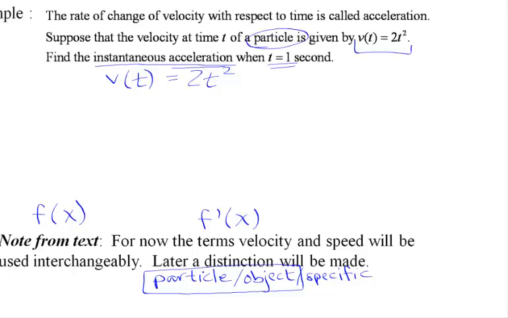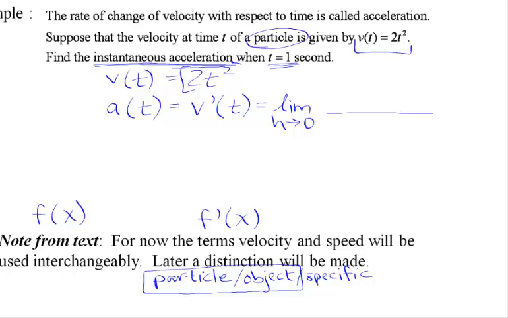Here they're calling the derivative function acceleration. We'll call it a of t, but understand in context that is the derivative of velocity. We could equally call that v prime of t. We're going to use the definition of the derivative to find what the instantaneous acceleration is when t equals 1.